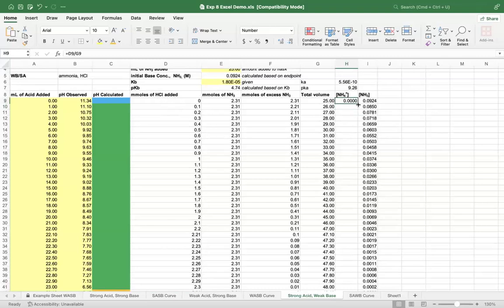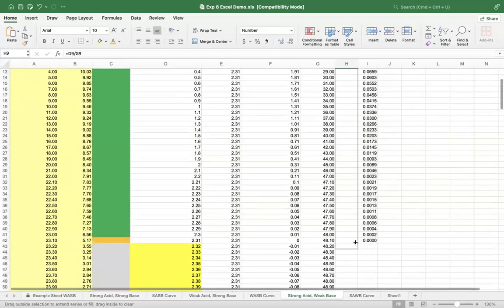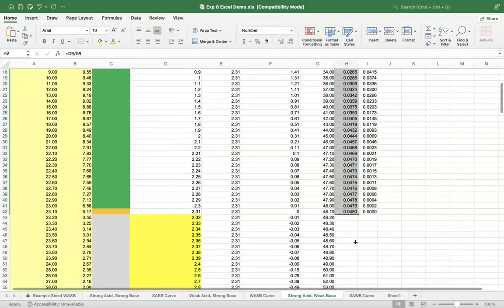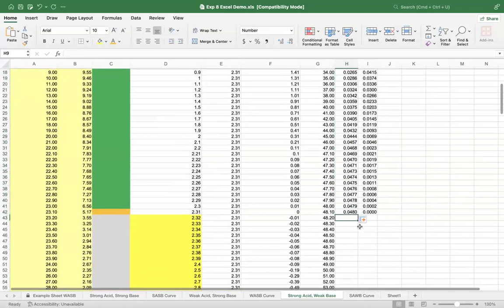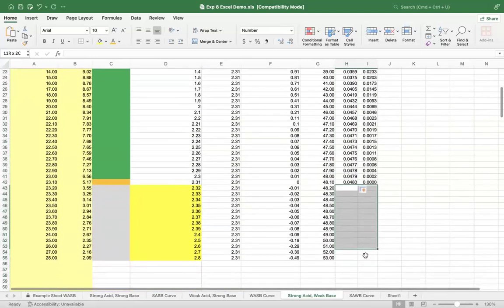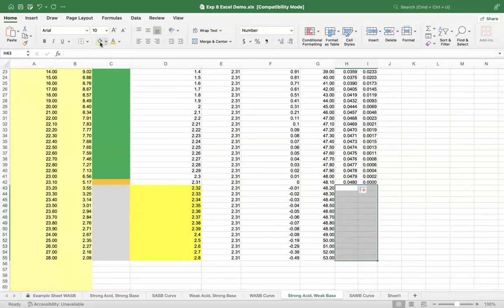We should be able to drag this all the way to at least that point. And then maybe beyond that point, I'm going to call this area, again, some other zone. And maybe we call it H plus. Because when we get here, we're going to be dealing in the acidic part of the curve where there's only hydronium present.